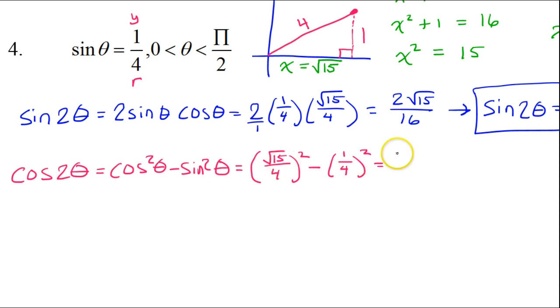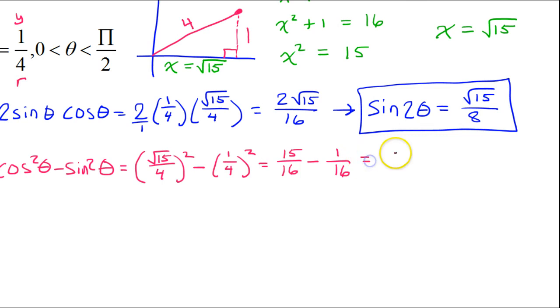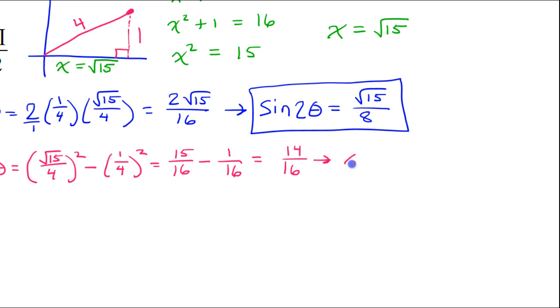So that is going to be 15 over 16, since radical 15 squared is just 15, minus 1 over 16. All right, and that's going to equal 14 over 16. So time for the answer, cosine of 2 theta is equal to 7 over 8.